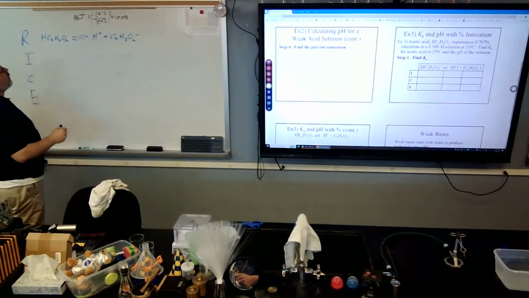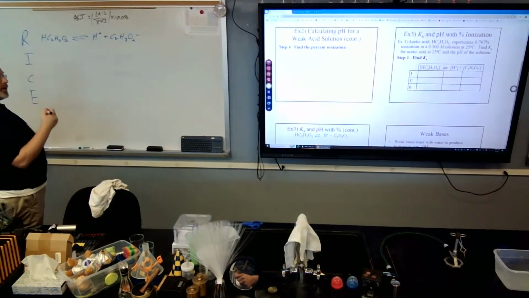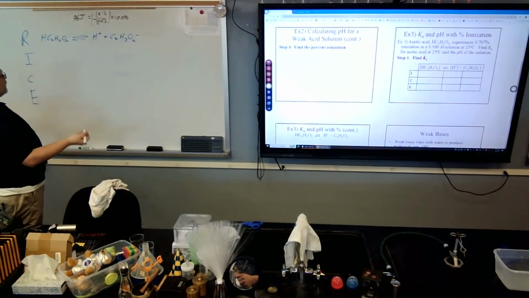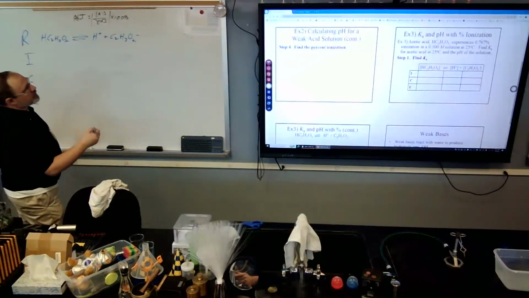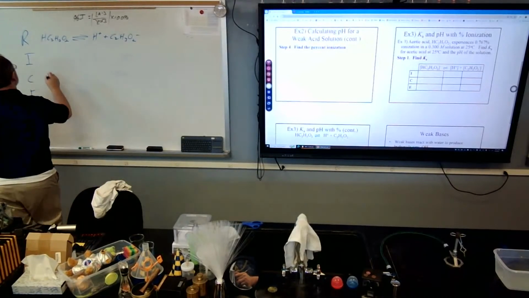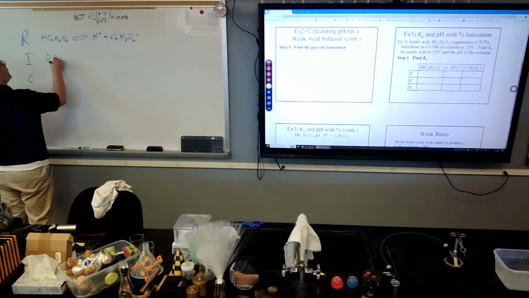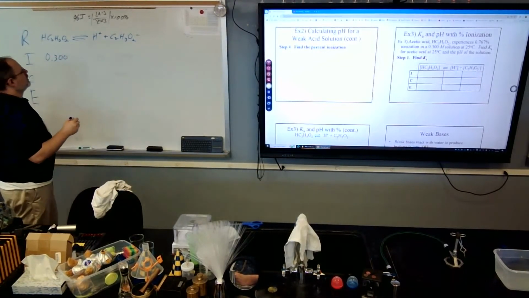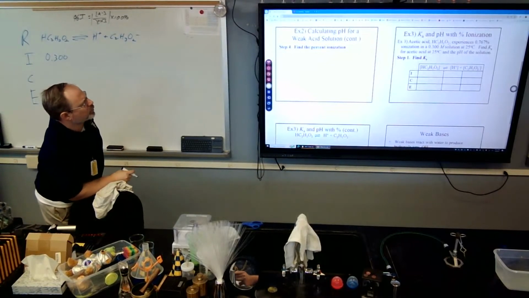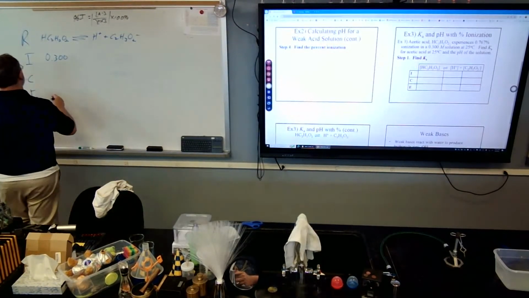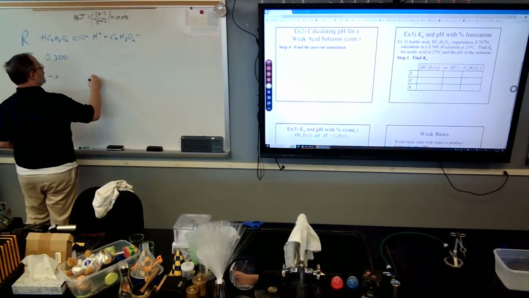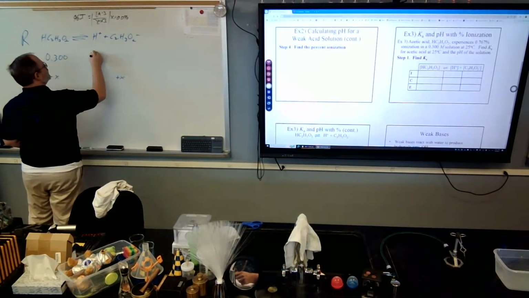So what we need now is to figure out what we have present. The initial concentration is 0.300. Actually, we're going backwards, find Ka. So that's also going to be minus x, plus x, plus x, 0, 0.